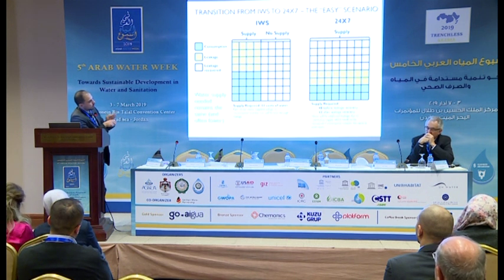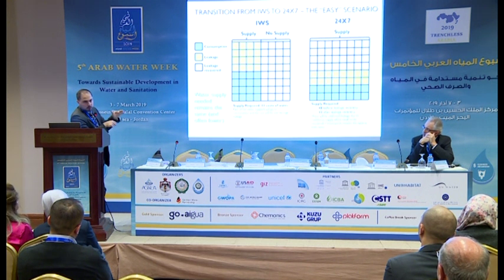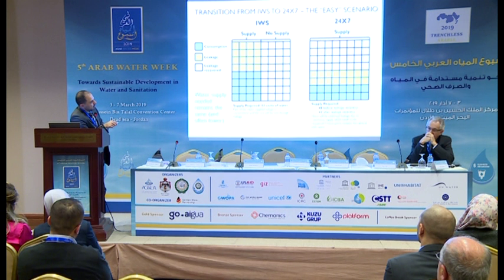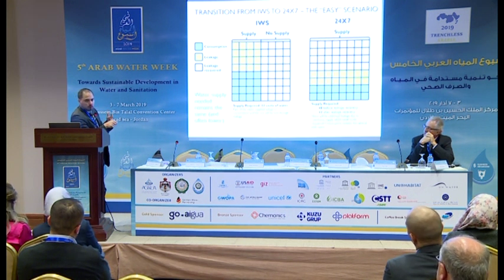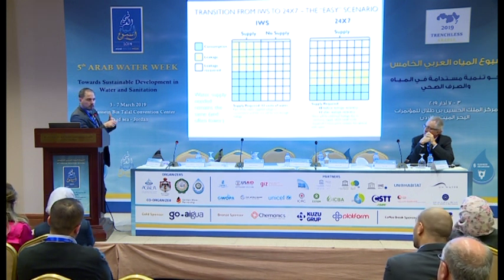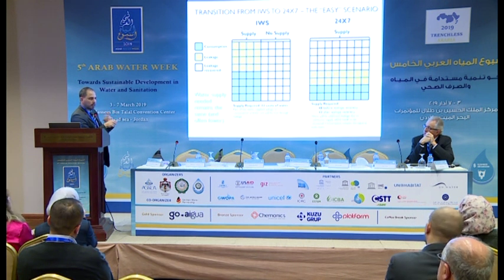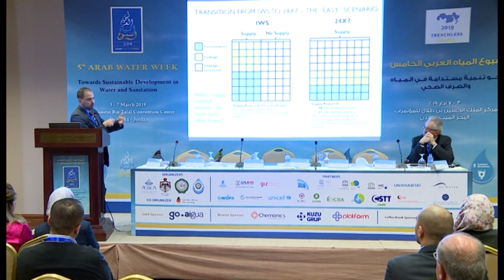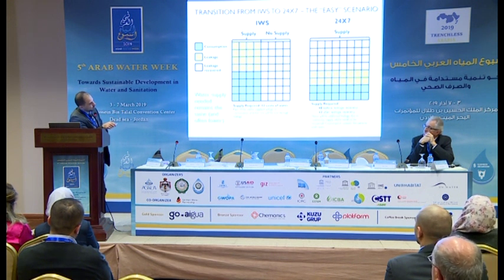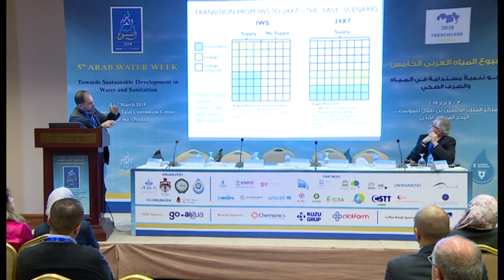Now, if we shift it to continuous supply, again with the assumption that demand is met, we still have the same quantity, which is the blue, and usually, because you increase the supply durations, the leakage will increase. Because we say 50% more time, the leakage will be doubled, which is the hashed orange.